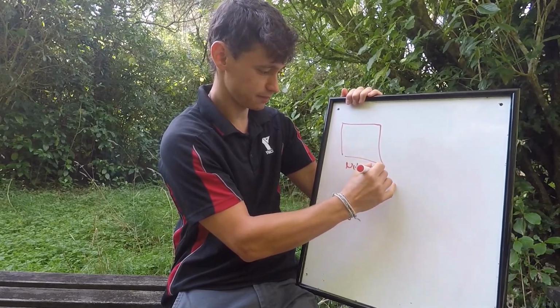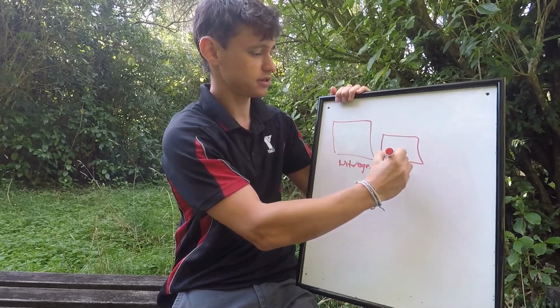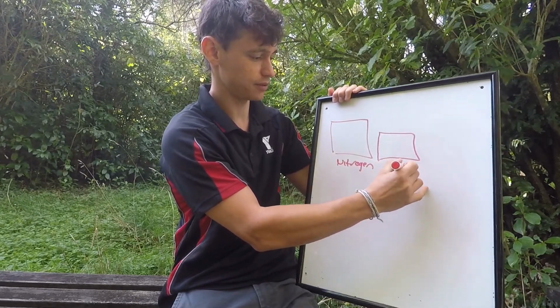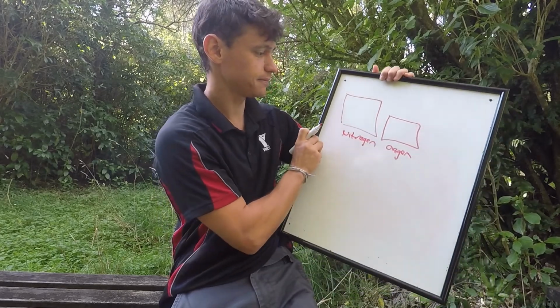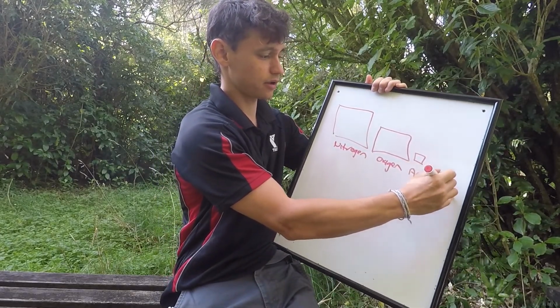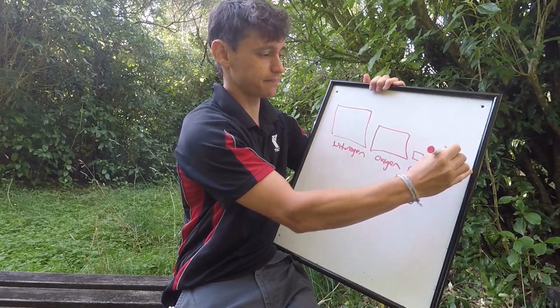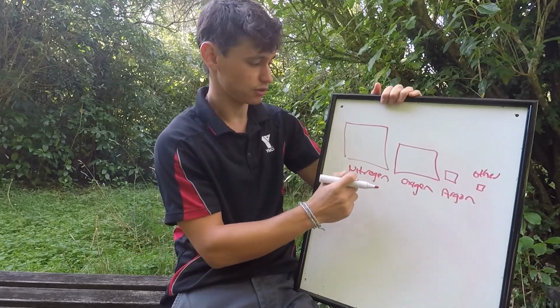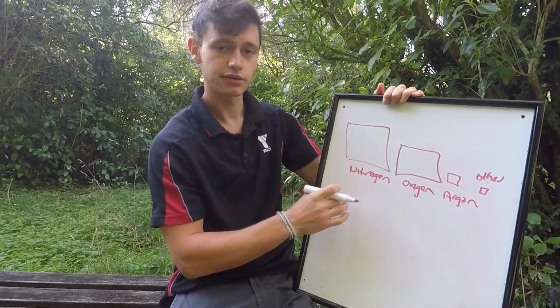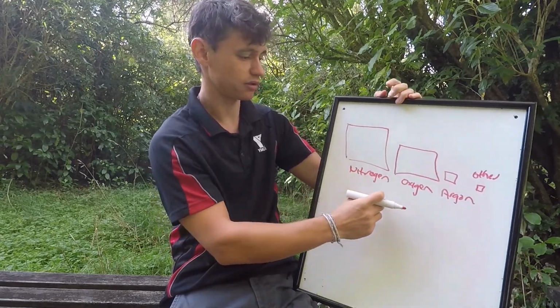So the first one is nitrogen. The second main one is oxygen. Then we have argon, and I'll just draw it up here because I've run out of room, other. So these boxes aren't perfect, but essentially they represent the amounts of each of these.